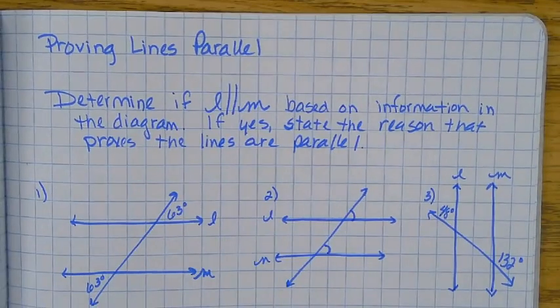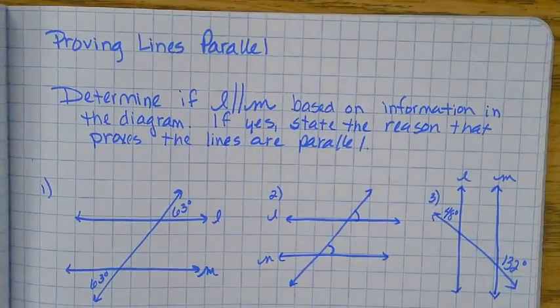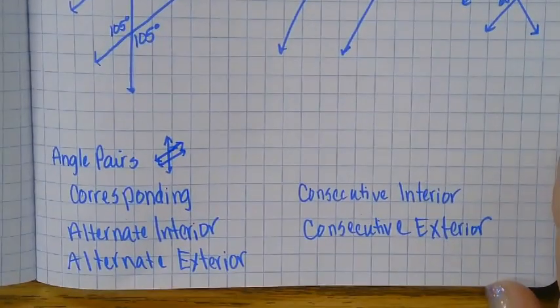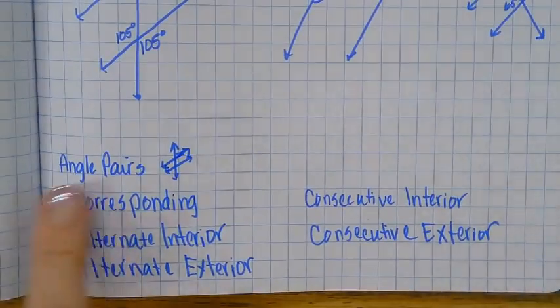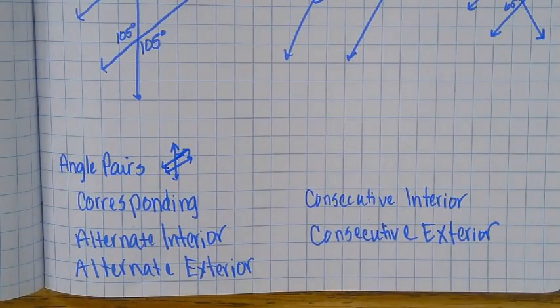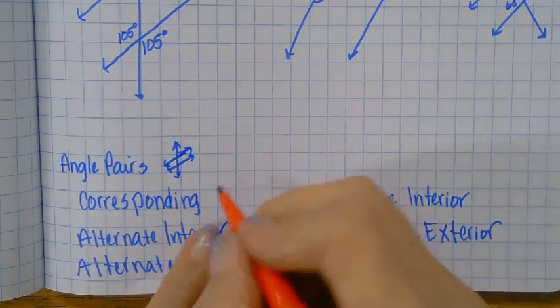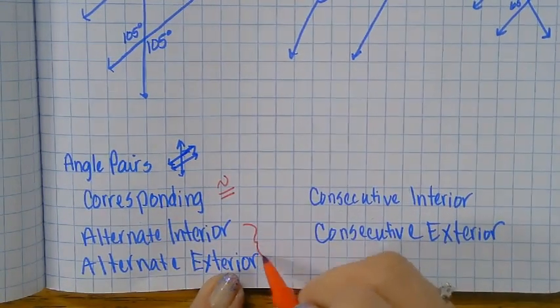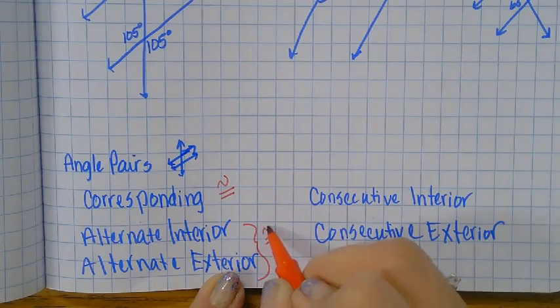So down below the problem sets that you copied, these are the angle pairs that we know something about. Go ahead and just jot those down so you have them. Remember, corresponding angles are congruent. Alternate interior and alternate exterior are congruent.